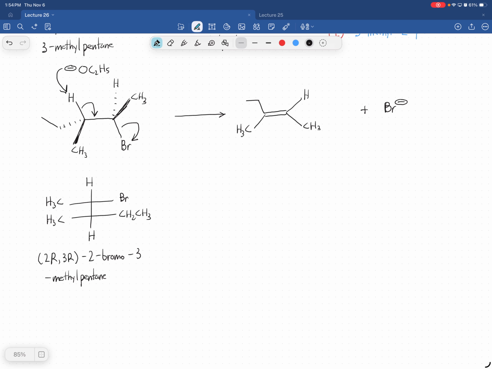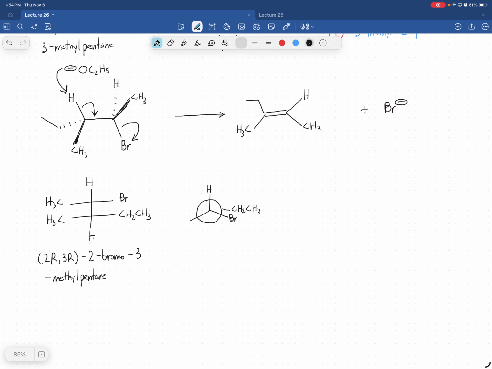But if we translate, this actually looks like this in the Newman projection. Br, CH3. The ethyl group here is very close to the Br, so it's going to be eclipsing the Br group.